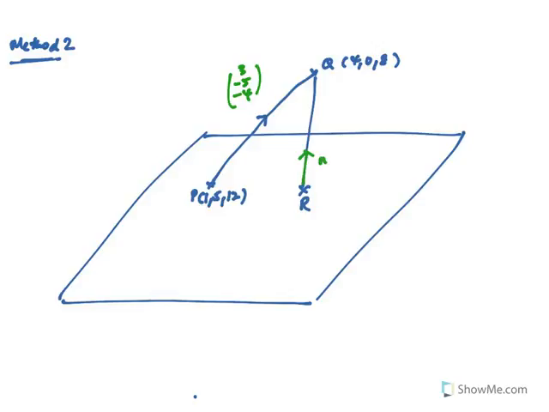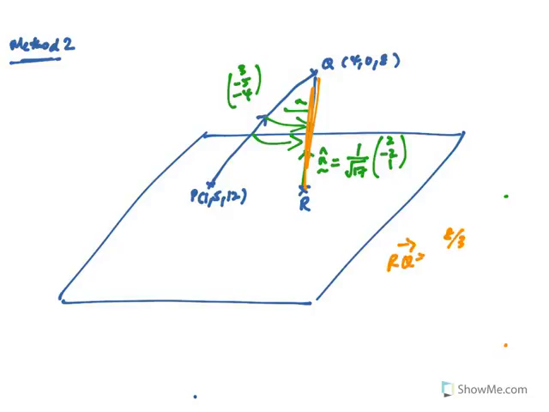So n hat is 1 over square root 17 times (2, -2, 1). If I project this onto this, I can find out what RQ is. So RQ will be (8 over 3, -8 over 3, 4 over 3).